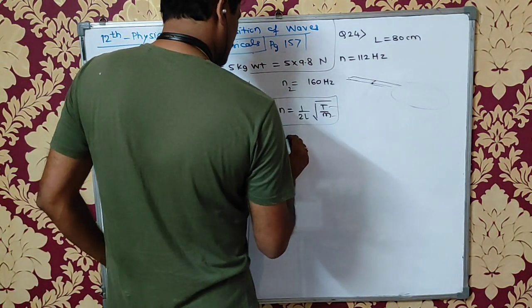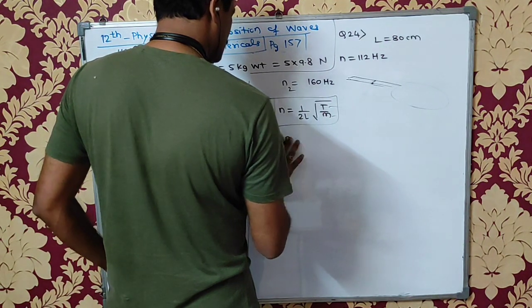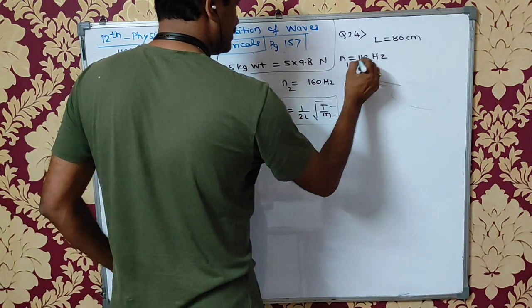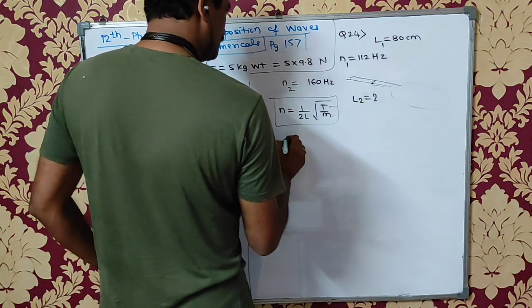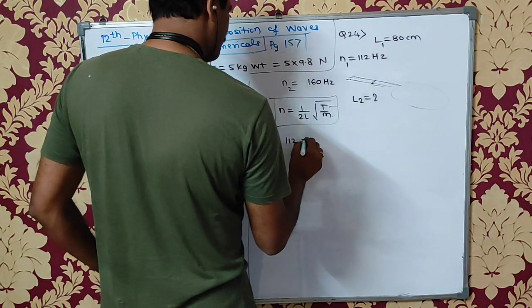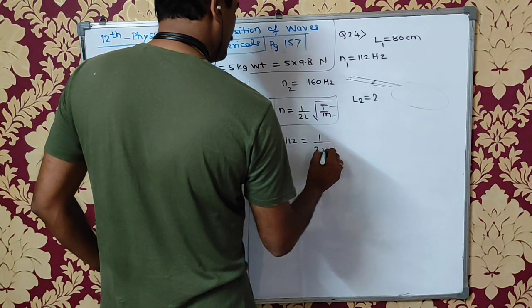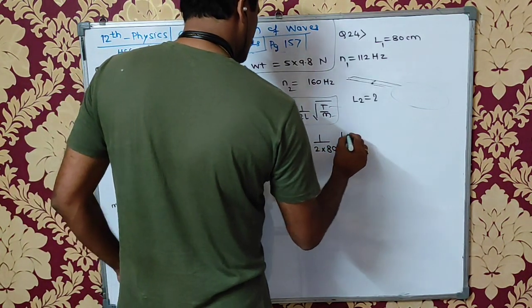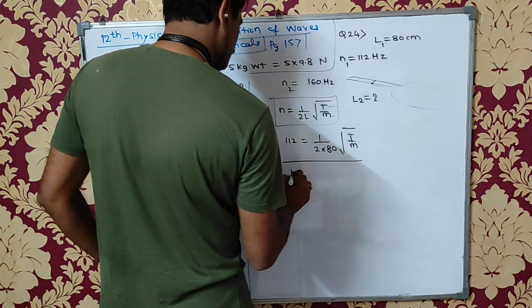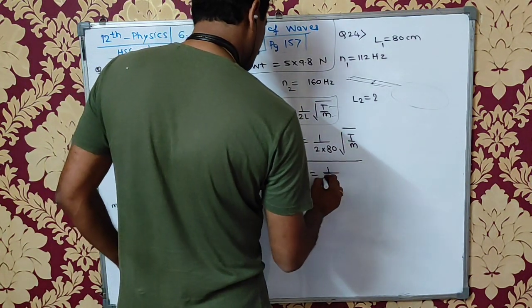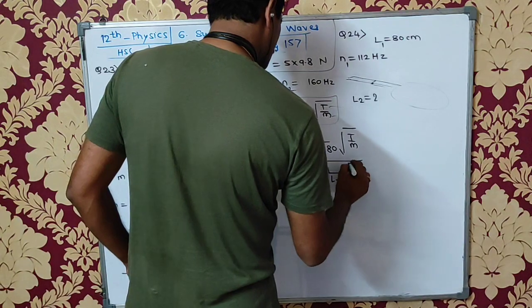I'll apply this formula for the first case. This is N1, L1. N2, I'll have to calculate what is L2. So N1 is 112 equals 1 upon 2 into 80 square root of T by M. And N2 is 160 Hz, which is 1 upon 2 L2 square root of T by M.